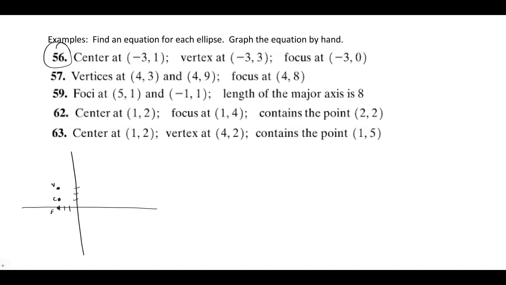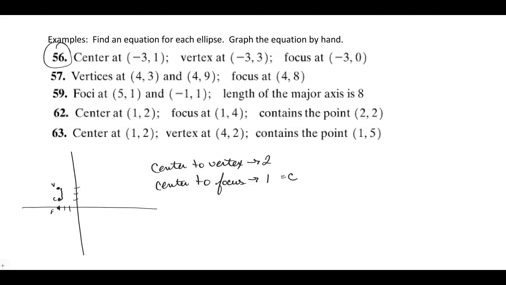So we know this distance, right, from the center to the vertex, that is a 2. And we also know the distance from the center to the focus, which is 1.